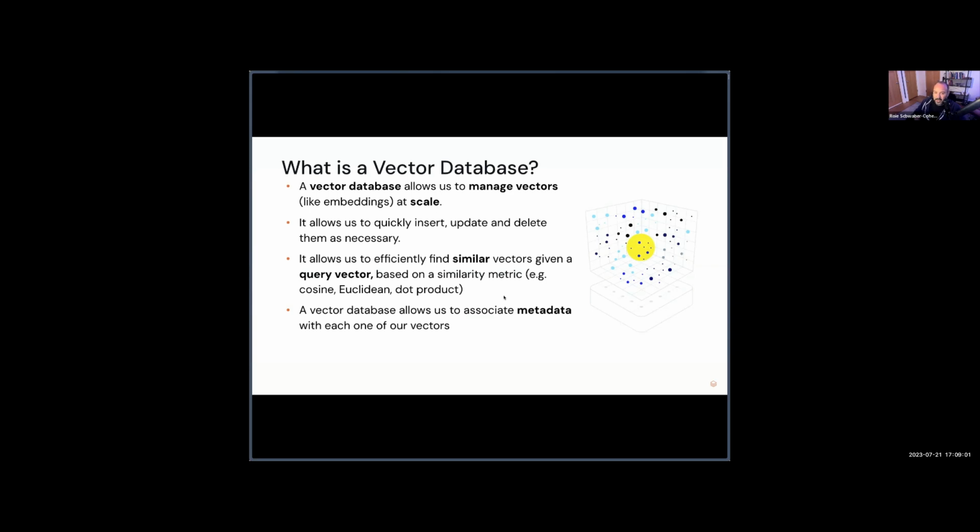Now, it doesn't only store vectors, because it would be a pain to have to go ahead and stitch together other information from other systems. And so we can also associate other metadata with the vector.